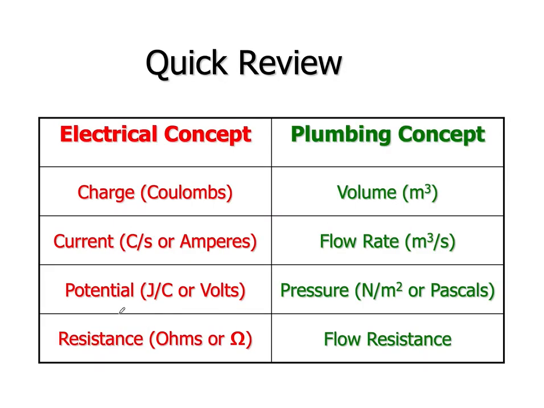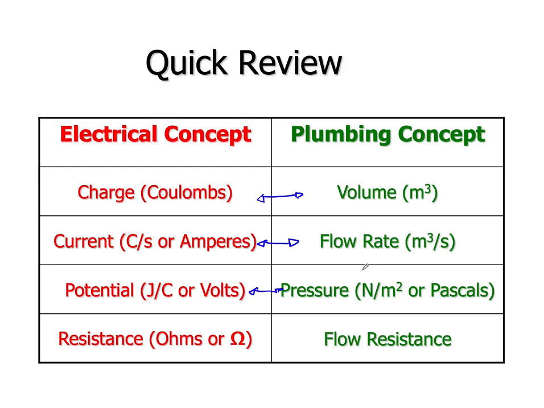Fun. All right. So quick review here. And I keep using plumbing analogies, and it is actually really, really good. Charge in coulombs is just like volume, water volume measured in cubic meters. Current, measured in coulombs per second or amperes, is just like flow rate in cubic meters per second. Potential in joules per coulomb or volts is exactly equal, if we follow these same methods, to joules per cubic meter or newtons per meter squared.